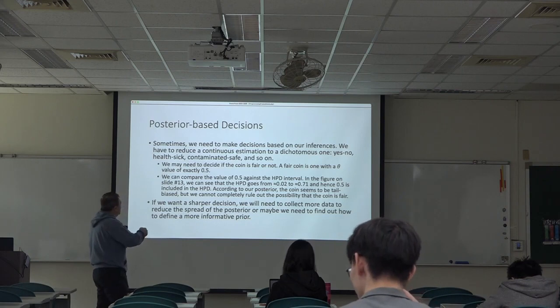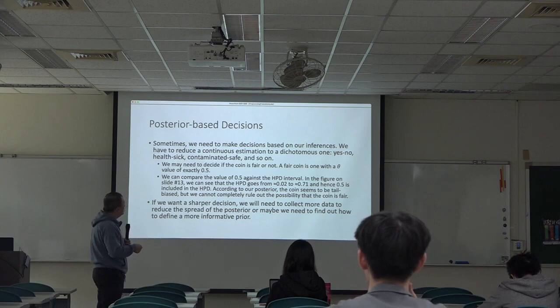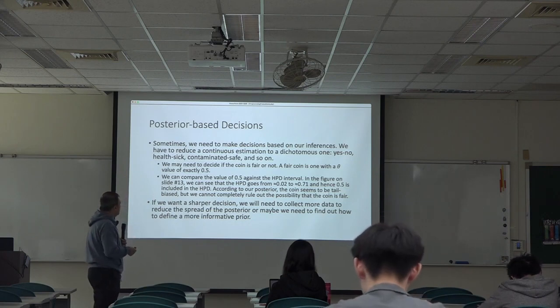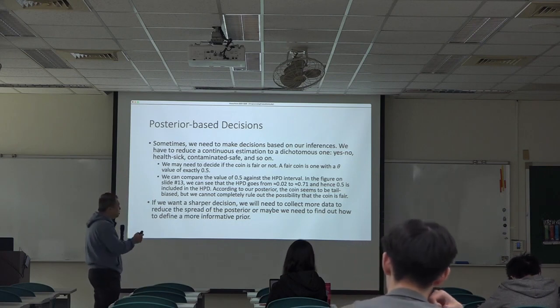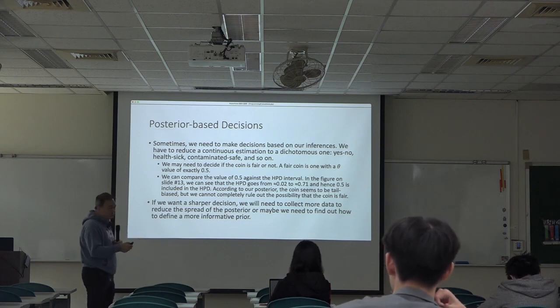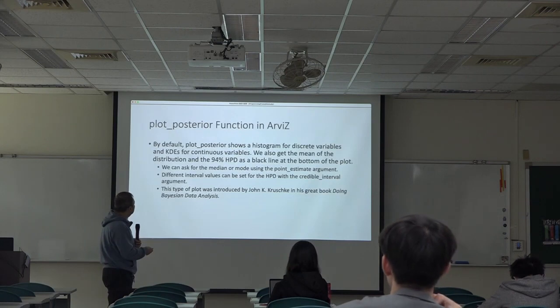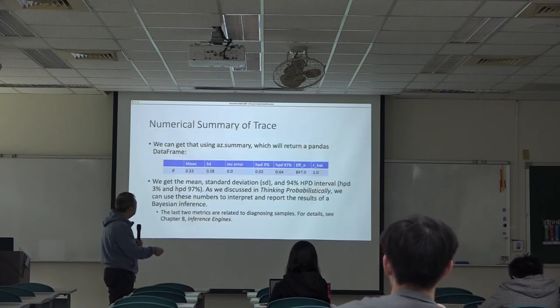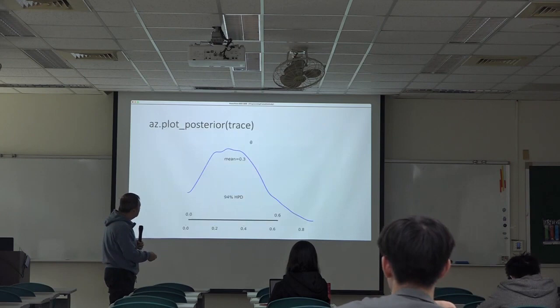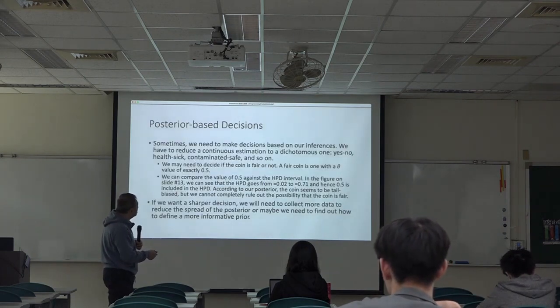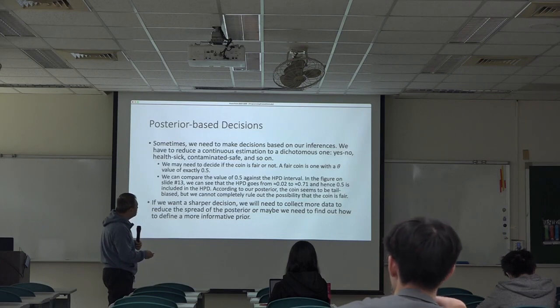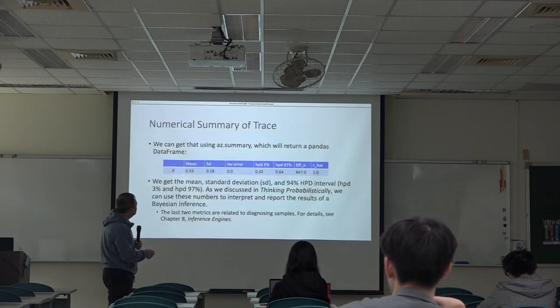If you want to decide if the coin is fair or not, what do we do? One way to do it is we compare the value of 0.5 against the HPD interval. The HPD interval should be 0.02 to 0.64.